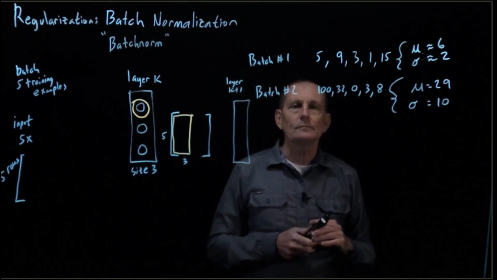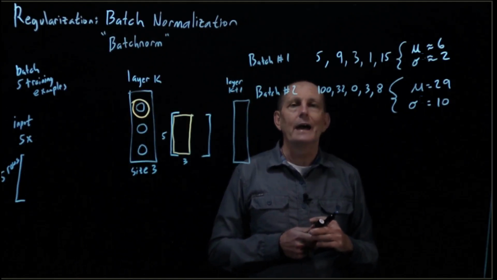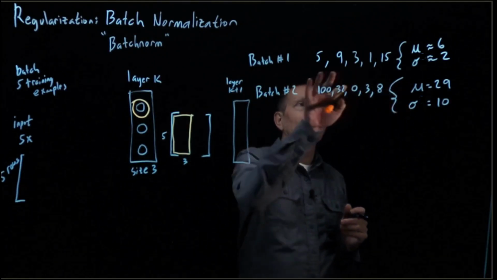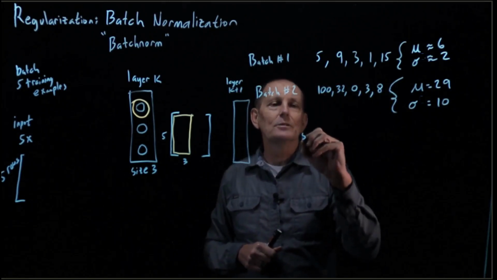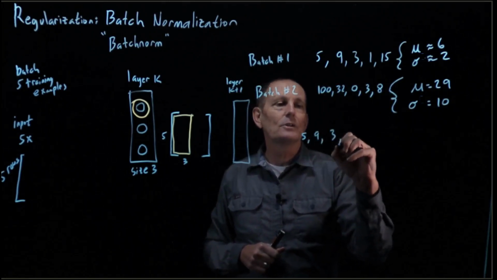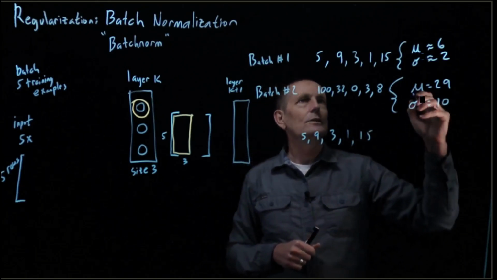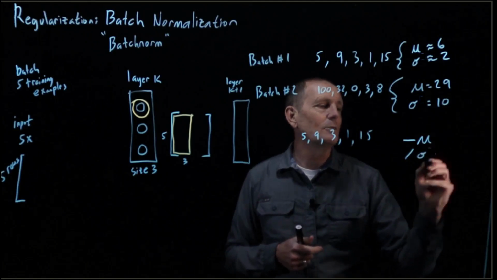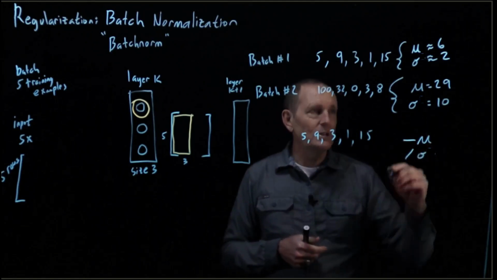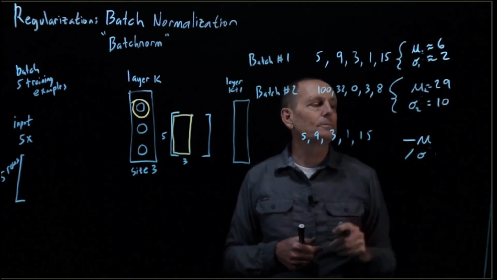So we know how we would go ahead and normalize this. For batch 1, we would take 5, 9, 3, 1, and 15, then subtract the mean and divide by the standard deviation. I'm going to call these mu sub 1 and sigma sub 1.